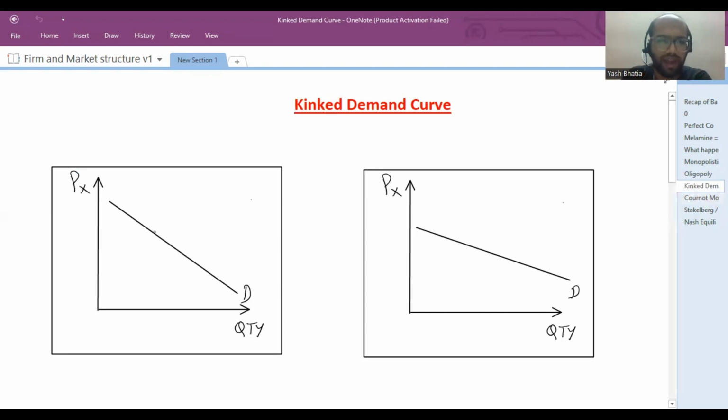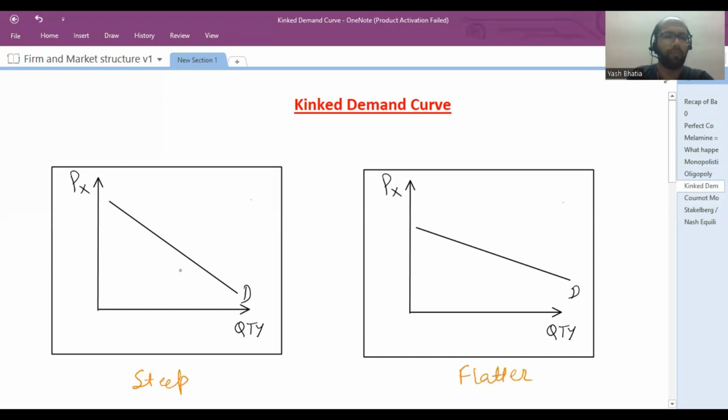So the curve on the left is steeper, and the curve on the right is flatter. This curve is steep, and this curve is flatter.